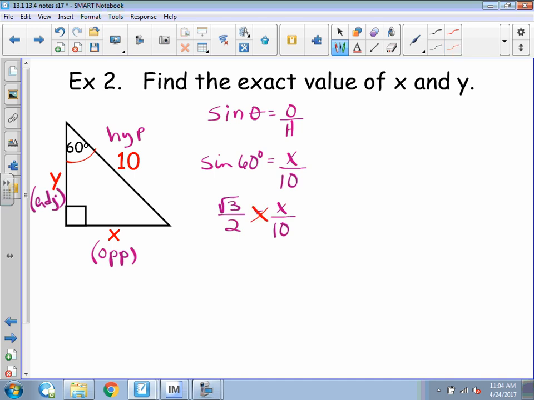So 2x equals, is that the square root of 30? No, Dyer, we can't multiply 3 times 10 because the 3 is underneath the radical and the 10 is not. So that's just 10 square root of 3. Now we do what? Divide both sides by 2.